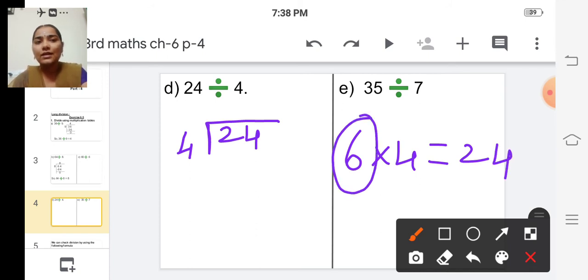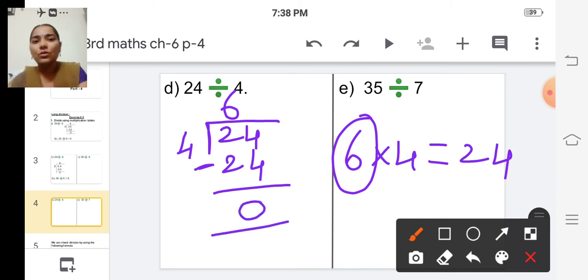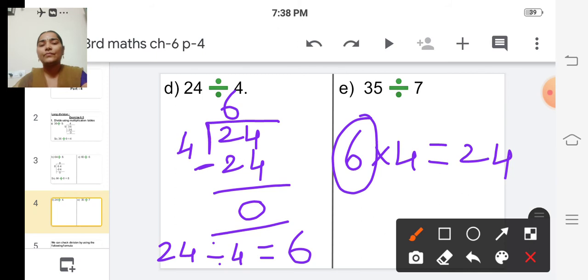So you have to write the 6 in the quotient and write 24 here and put a minus sign. So 24 minus 24 is 0. So 24 divided by 4 is equal to 6. So this quotient is the answer.